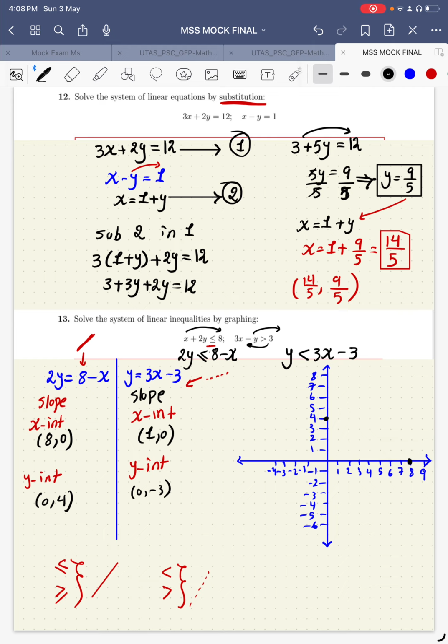So in that case, I'm just gonna dot a few points here so I can make it a bit accurate.